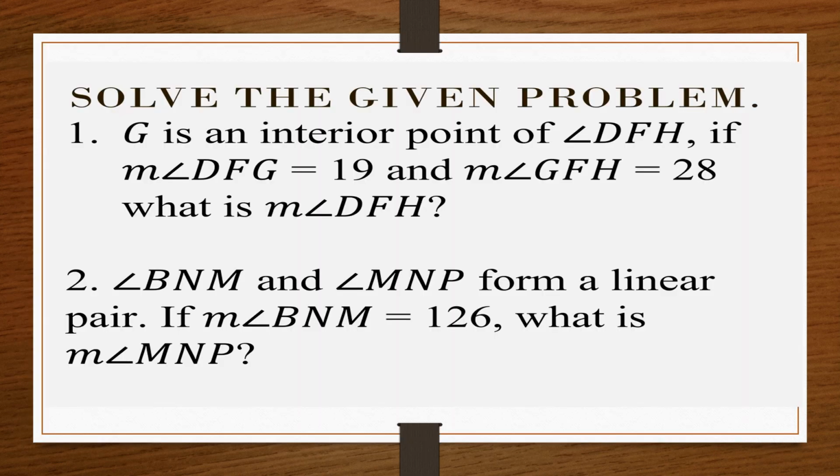Next, solve the given problem. G is an interior point of angle DFH. If measure of angle DFG is 19 and the measure of angle GFH is 28, what is the measure of angle DFH? It says here G is the interior of the angle.